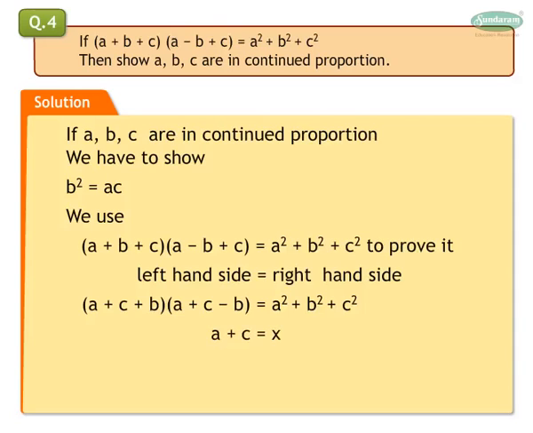Now, if a plus c is x, we get left-hand side as (x plus b) into (x minus b), which is equal to x square minus b square is equal to a square plus b square plus c square.